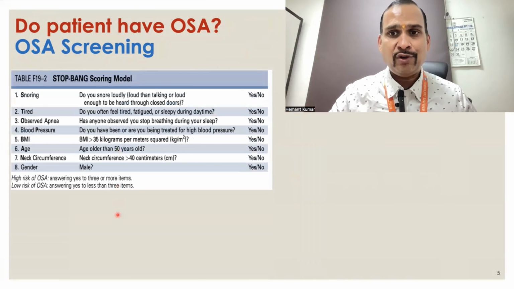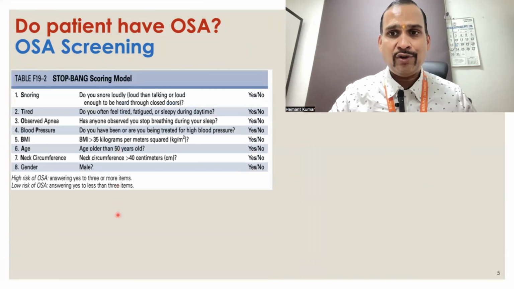You are doing the sleep study, and after switching it on, when the patient gets actual sleep, that is sleep latency. Then sleep efficiency, and whether the patient is having deep or superficial sleep, non-REM sleep or REM sleep. These parameters can be found by a level 1 or type 1 study. I'll discuss that later.